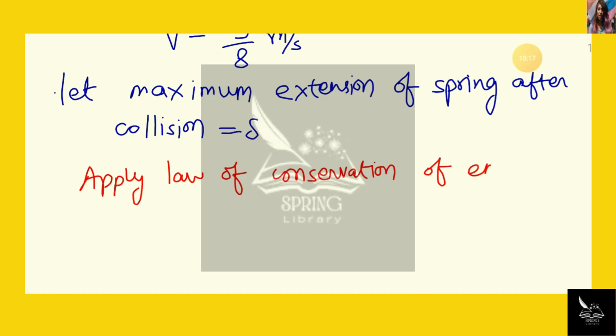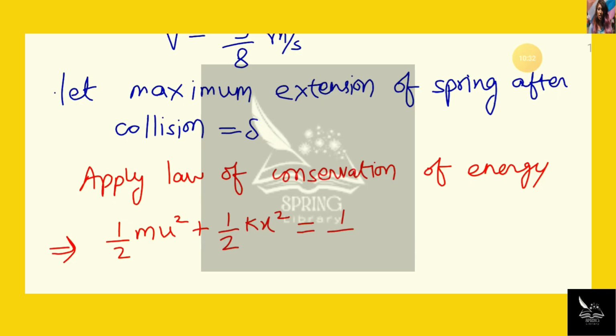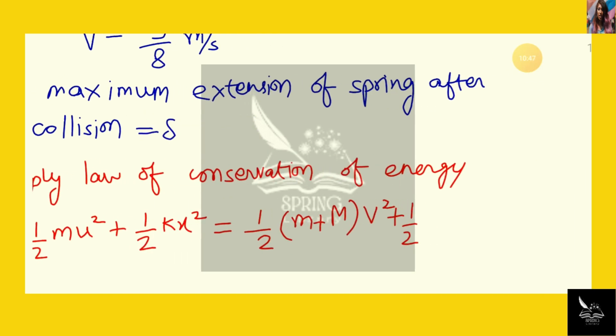So I can say the left side, the initial energy of the system before collision, will be half m u square plus half k x square, equal to the final energy of the system, which is half (small m plus capital M) multiplied by capital V square plus half k multiplied by (x plus del) whole square.